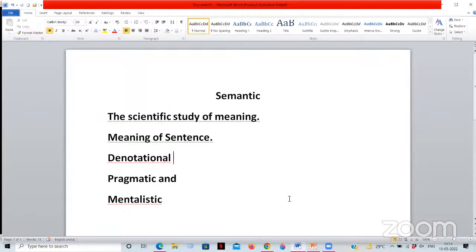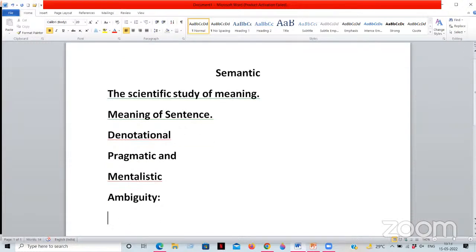Now the other thing that we have to talk about in this unit is what is ambiguity. Ambiguity has two types.